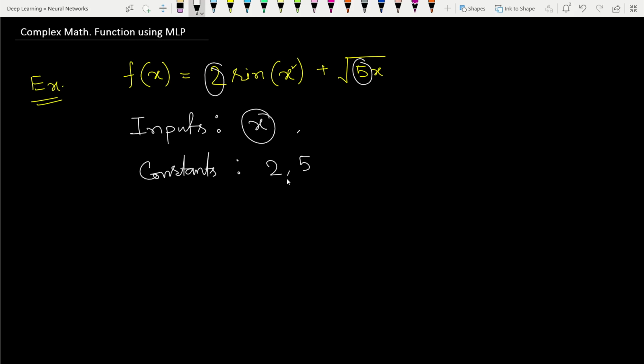Now let's structure this complex equation in the form of a multilayer perceptron. How does it look? Before going to that part, we have to identify what kind of simplest functions are required to represent that equation. So let's first try to identify the required functions.